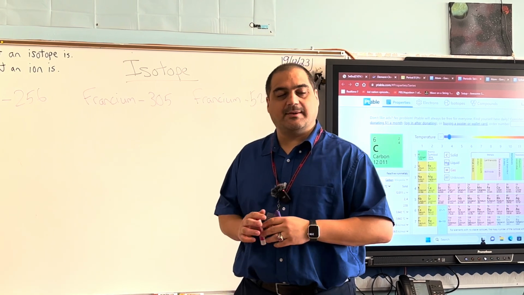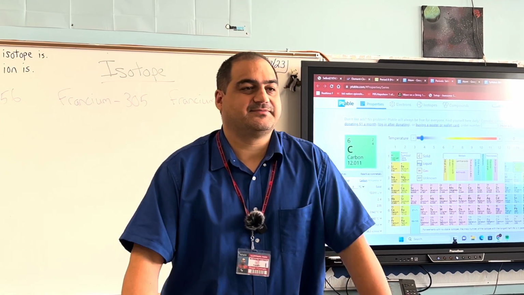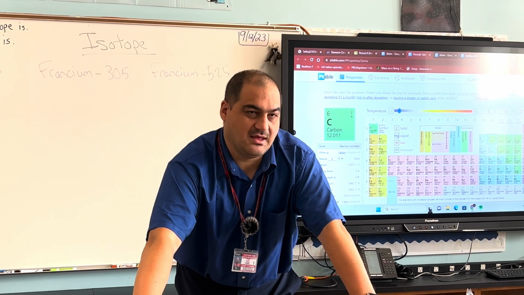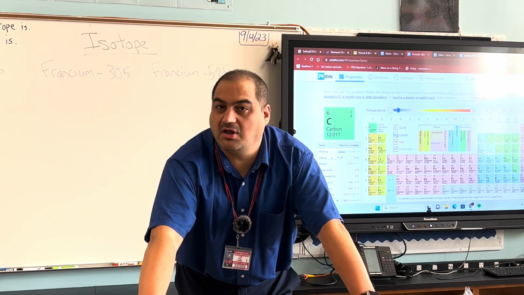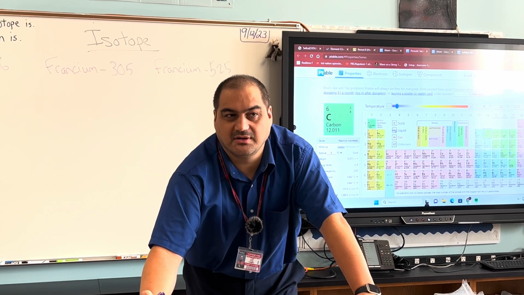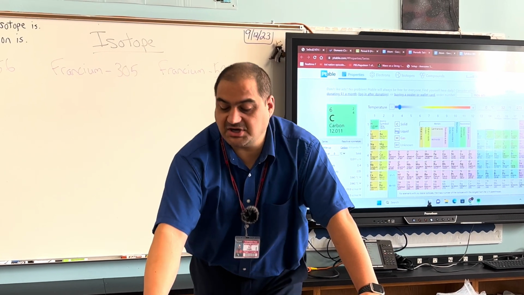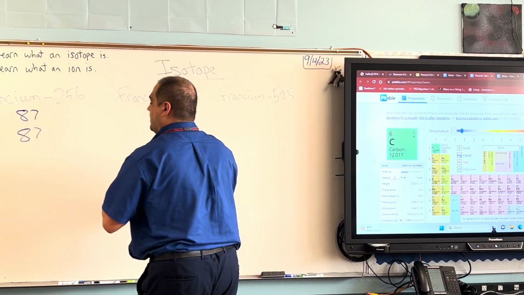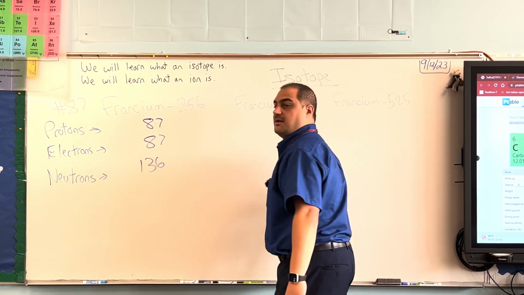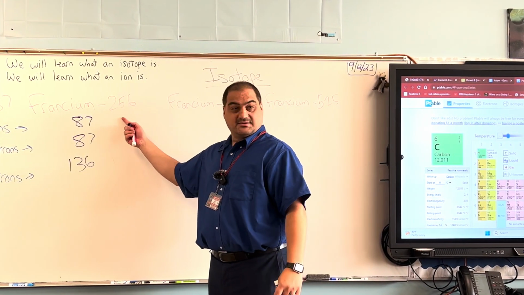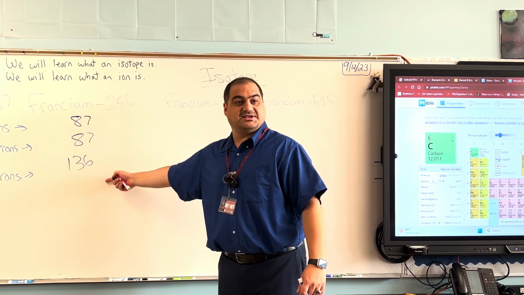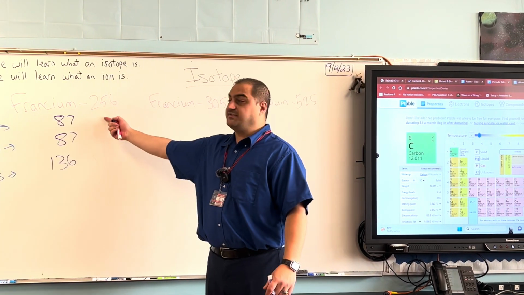Give her a chance. I believe in her. Next, we can go with Jocelyn, and then we'll call on Mia. Mia can do the third one. 136? How'd you know that, Gloria? Yeah, subtracted the number of protons from the atomic mass. That's going to give you neutrons. 256 is the atomic mass.